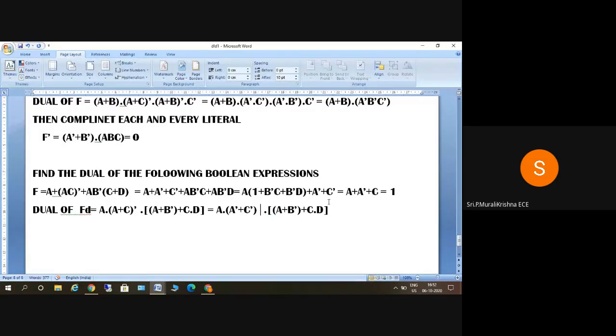If I further simplify this, I'll get a 0. So duals are opposite here. If I get a 1 here, I'll get a 0 here. Clear? Yes, sir. So if we expand this, we'll get the 0 answer.